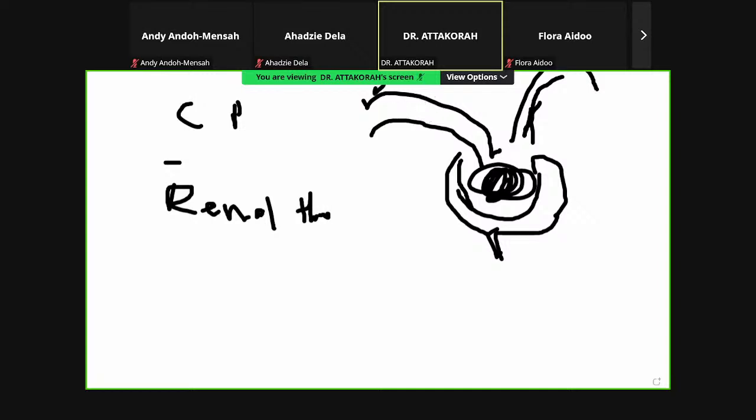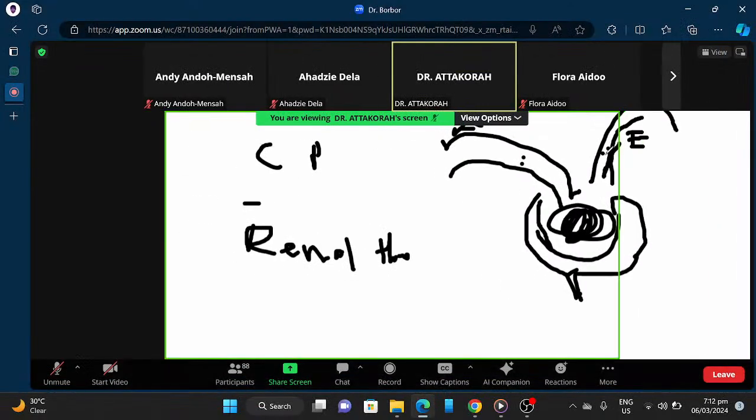It will dilate the A without affecting the E. Is that so? So tell me. They will dilate both the afferent and the efferent arteriole, so they will dilate this. They will dilate this.